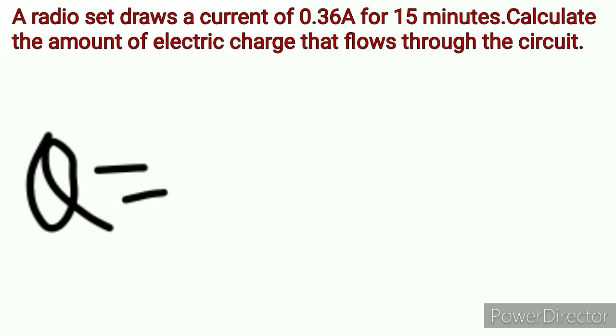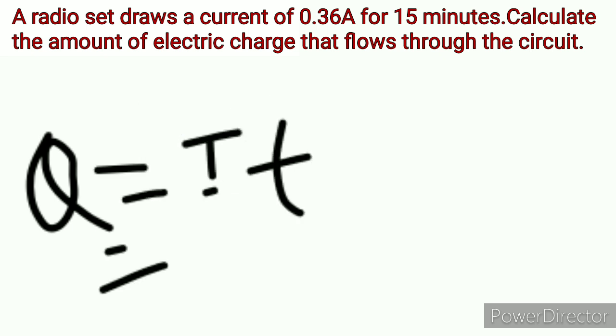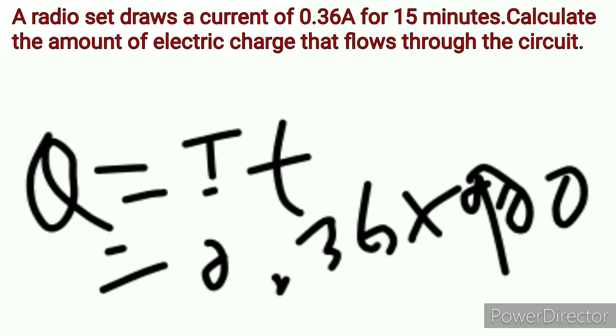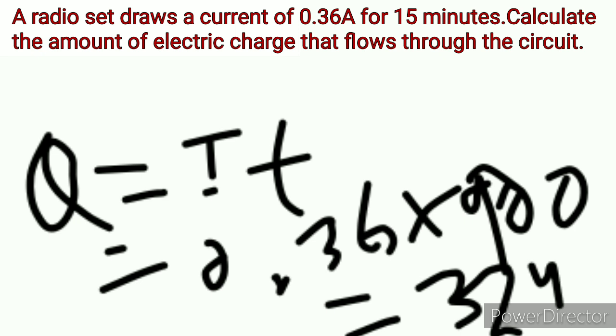Putting the values, current 0.36 multiplied by time 900 seconds, we get 324 coulomb. 324 coulomb is the correct answer for the charge that flows through the radio set.